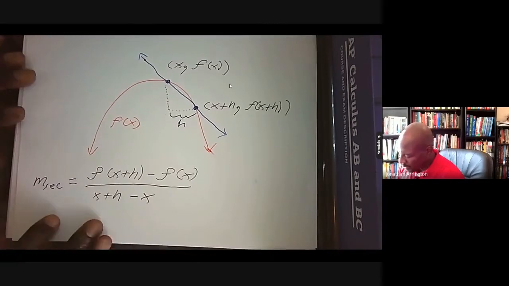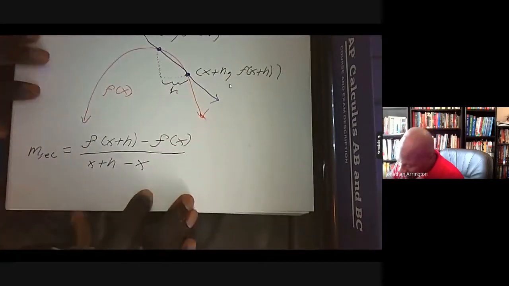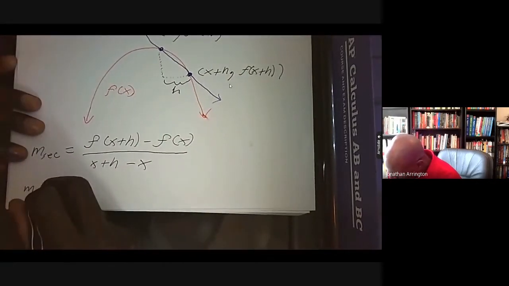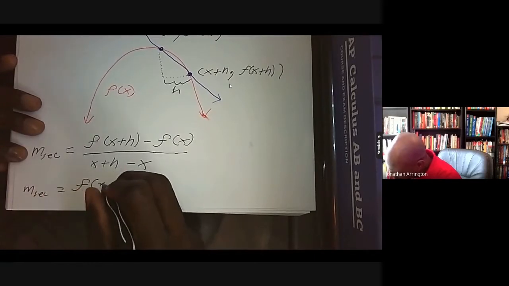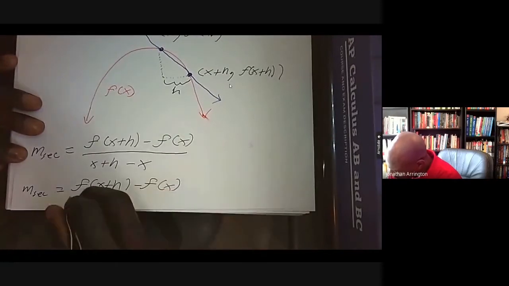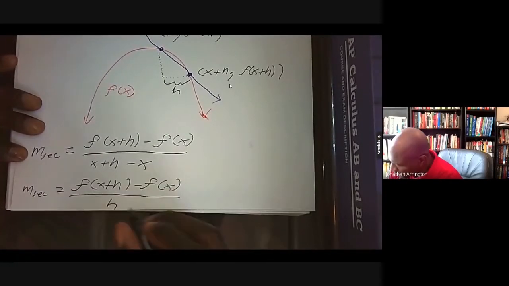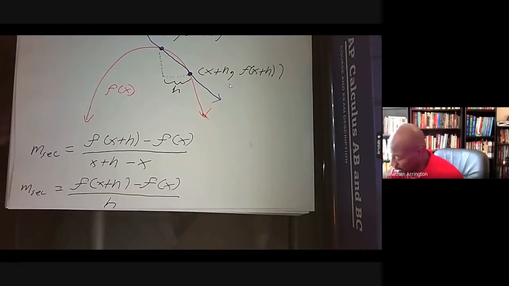So this guy right here will give me the slope of the secant line. I can simplify my denominator a little bit, where I get f of x plus h minus f of x over h. Okay, so that will give me the slope of the secant line, and that's cool.